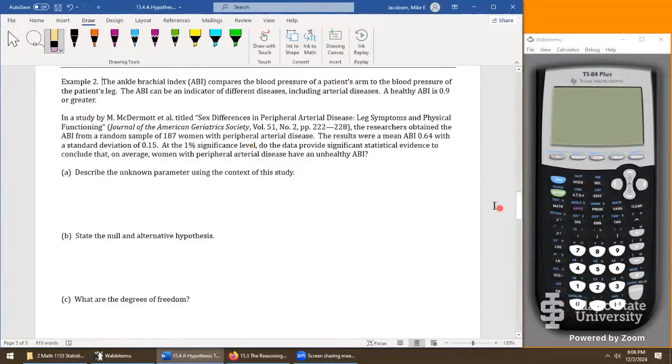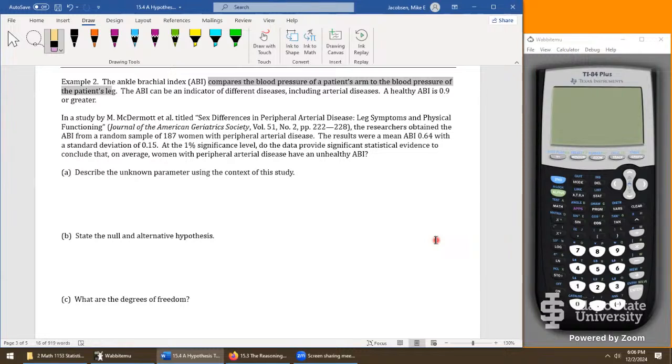Let's start by absorbing the context. It says the ankle brachial index, we'll say ABI for that, compares blood pressure of a patient's arm to blood pressure of a patient's leg. So you could imagine your arm out here as having a different effect being so close to your heart.